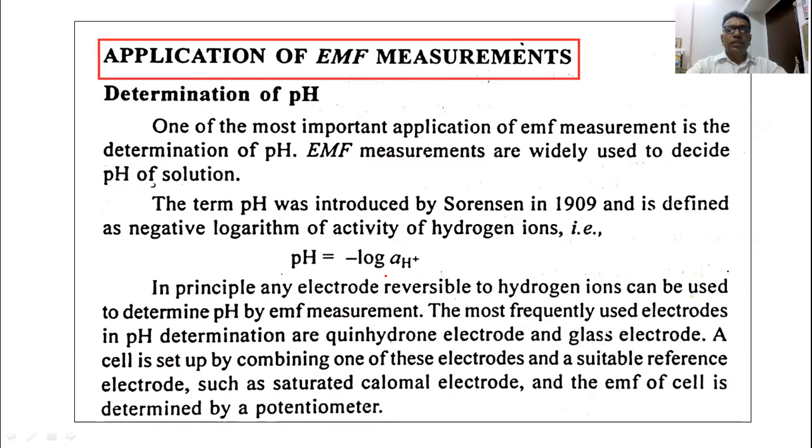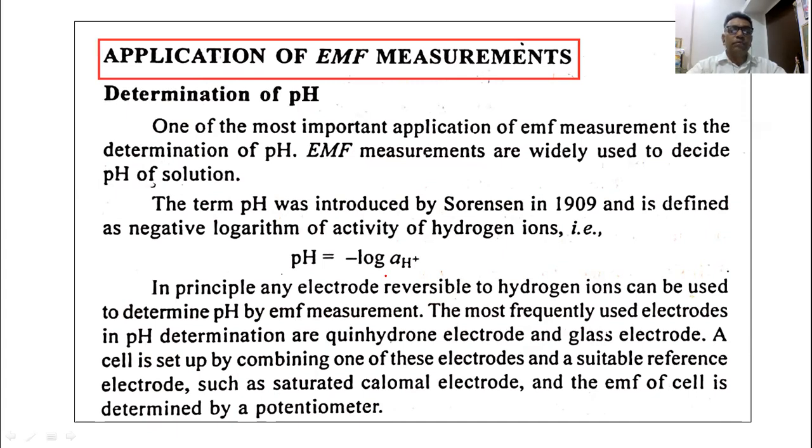The most frequently used electrodes in pH determinations are the quinhydron electrode and the glass electrode. With the help of these electrodes, we can set up a cell by combining them with a suitable reference electrode, such as a saturated calomel electrode. And with the help of a potentiometer, we can measure the EMF of the cell.